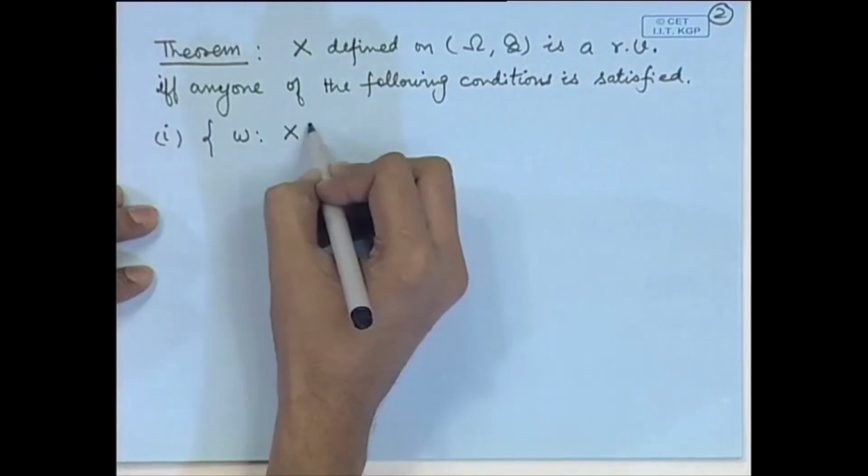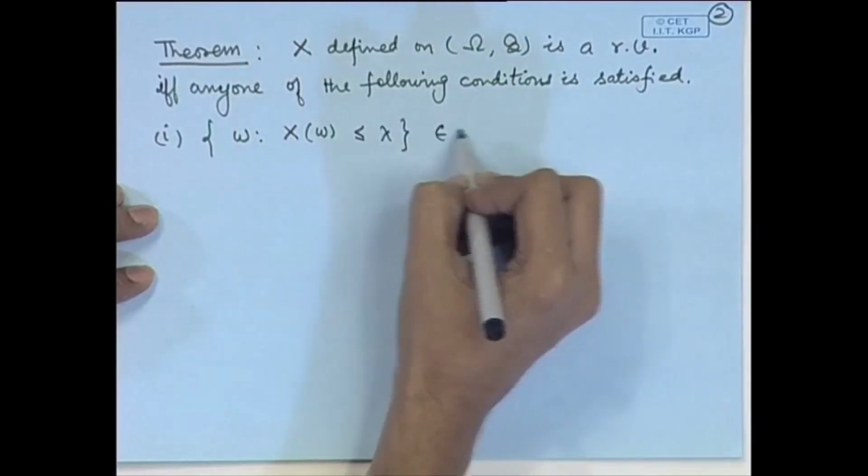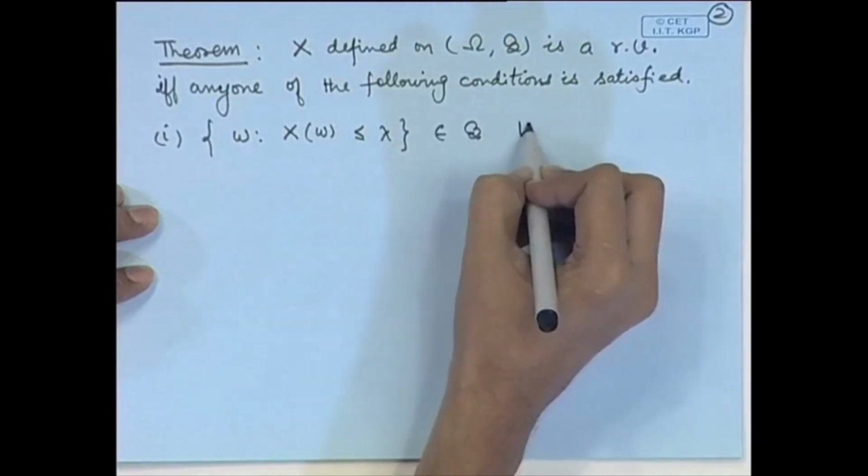The set of omega such that X(omega) is less than or equal to lambda belongs to B for all lambda.